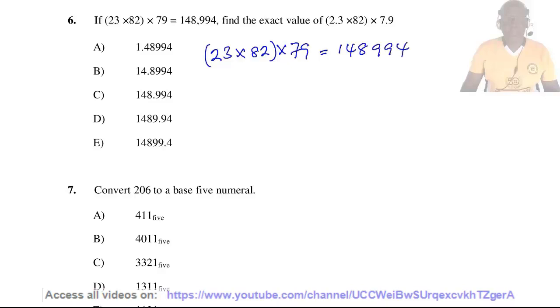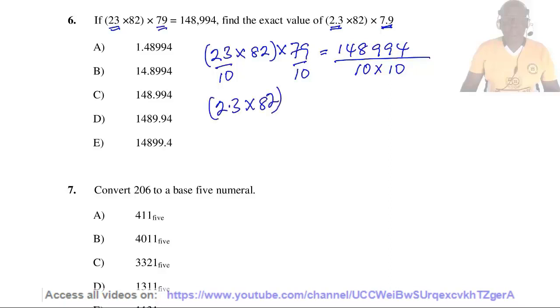To obtain 2.3 from 23, we shall divide by 10. To obtain 7.9 from 79, we shall divide by 10. Since we divided the left-hand side of the equation by 10 and 10, we shall divide the right-hand side by 10 and 10.